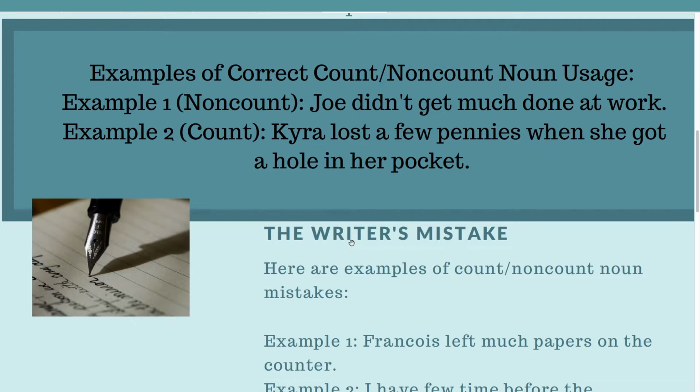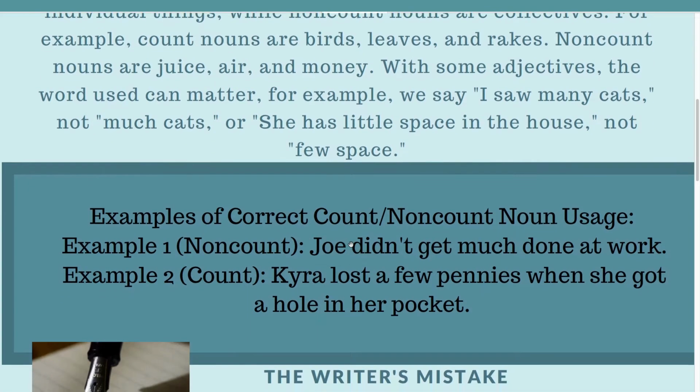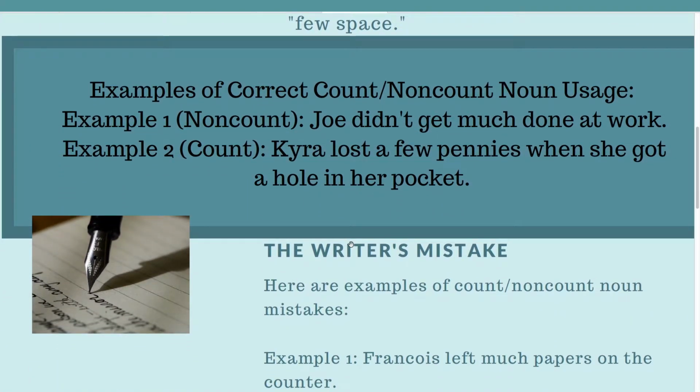Okay, let's start over. So let's look at examples of correct count and non-count noun usage. An example of correct non-count usage, Joe didn't get much done at work. Much is the amount of work he did not get done. Since work is not individual units of things, it is one thing overall.